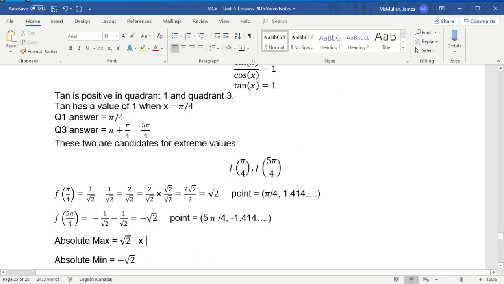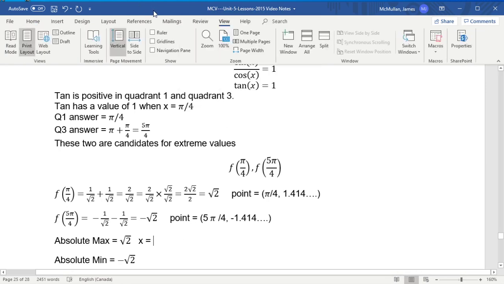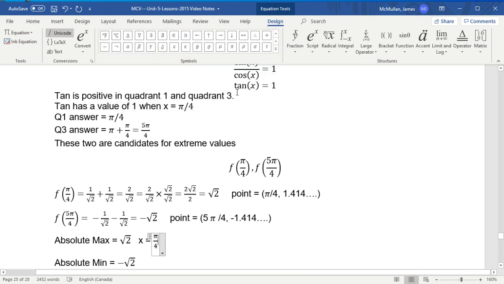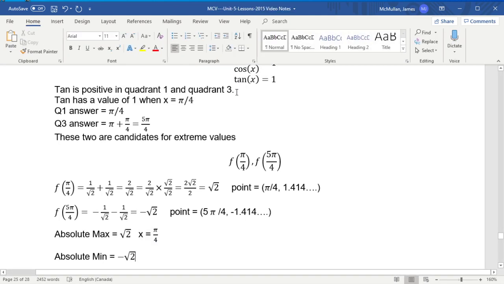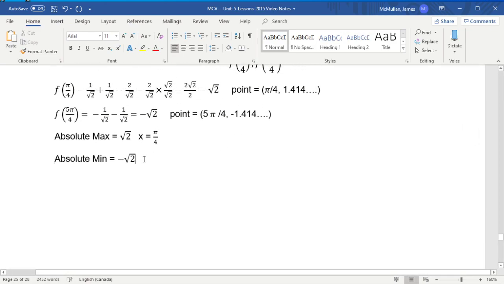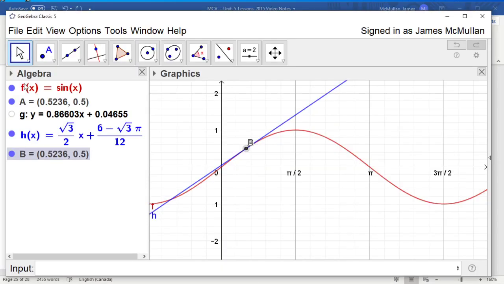This one occurs when x is equal to pi over 4, and the other one occurs when x is equal to 5 pi over 4.